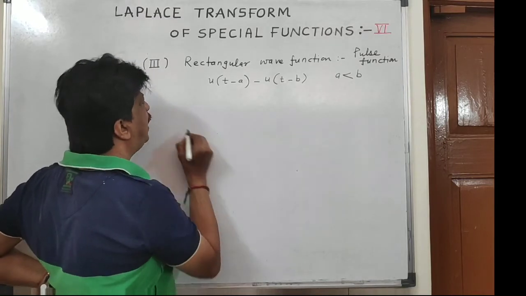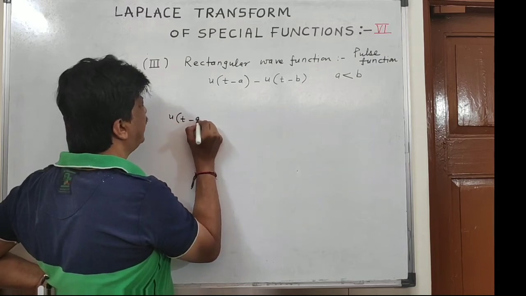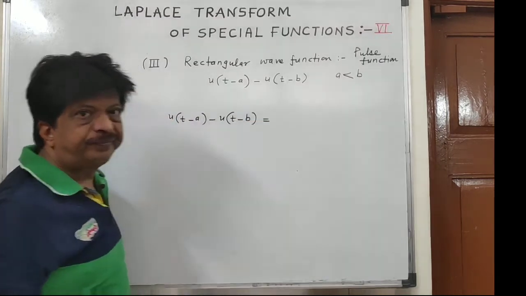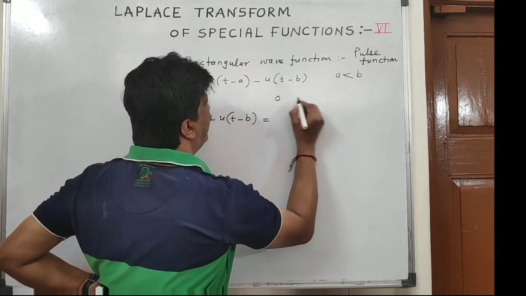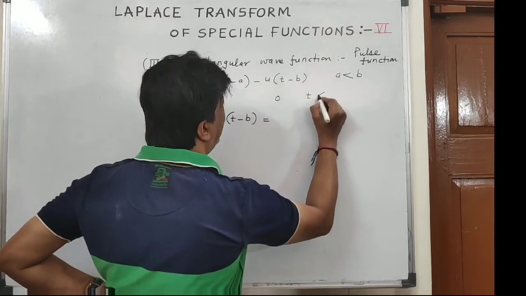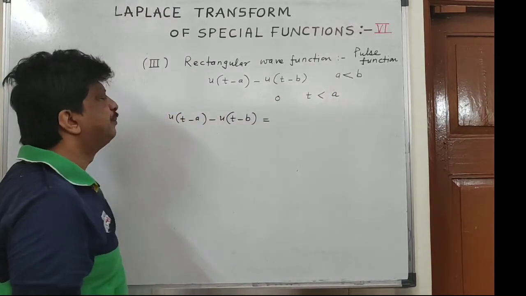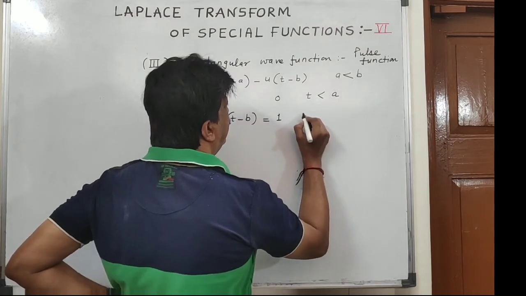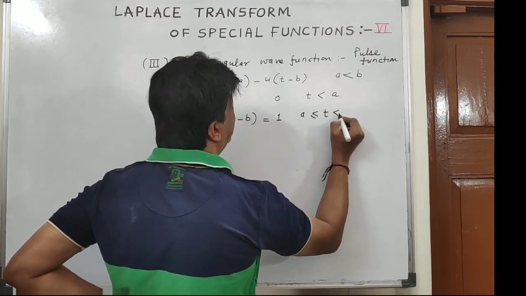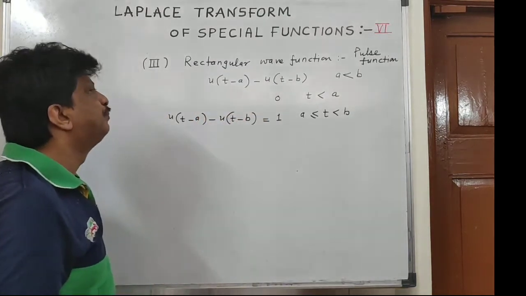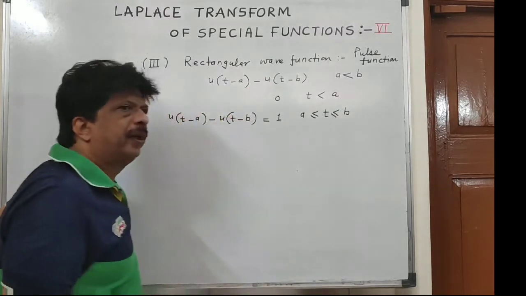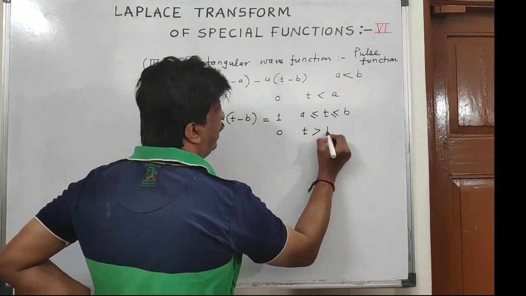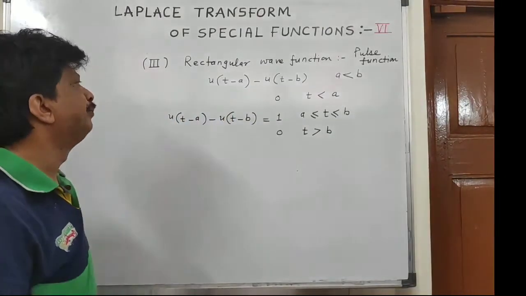It is defined in its standard format as u of t minus a minus u of t minus b, which is equal to 0 when t is less than a, and is equal to 1 when t lies between a and b, and it is again 0 if t exceeds or is greater than b.